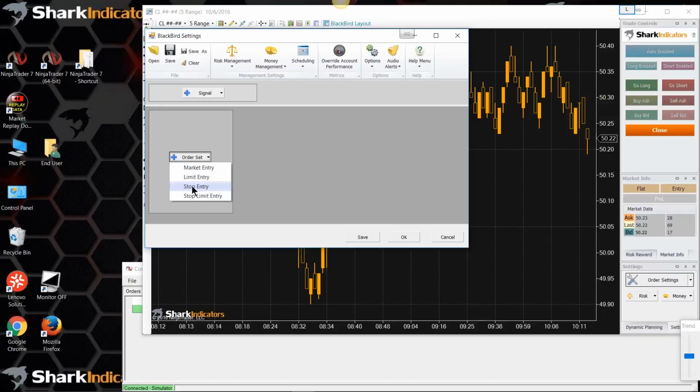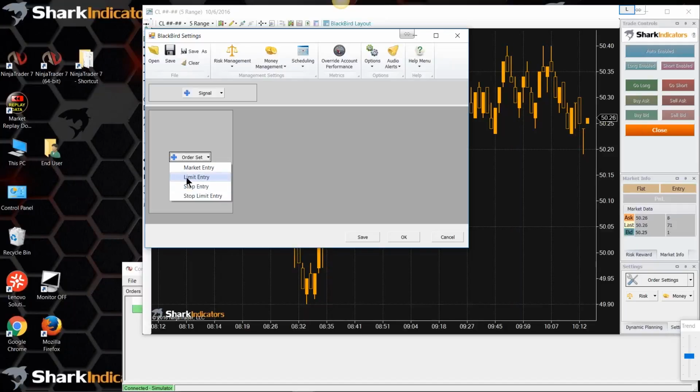In other words, if it's a long trade signal, you don't know if the entry price is going to be above the market, where it would need to be a stop entry, or below the market, where it needs to be a limit order.